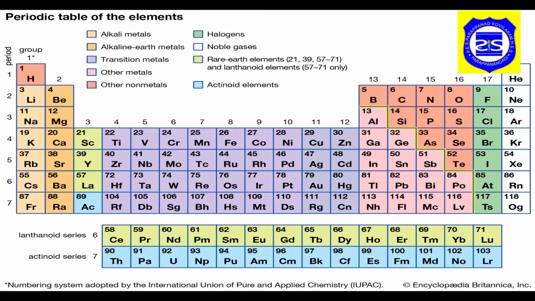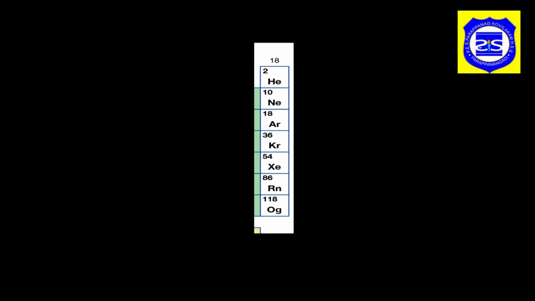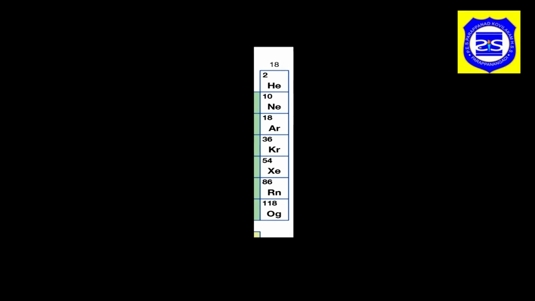Look here, this is one periodic table. You might have seen the picture of the periodic table, isn't it? The elements in group 18 of the periodic table are noble gases. What is the peculiarity of noble gases or inert gases?